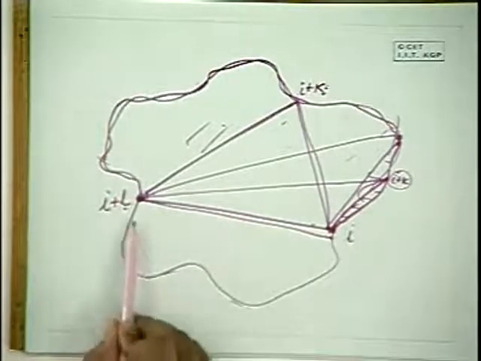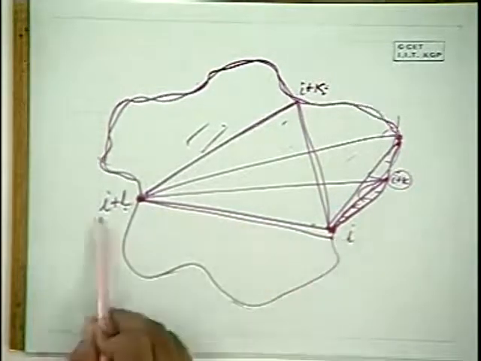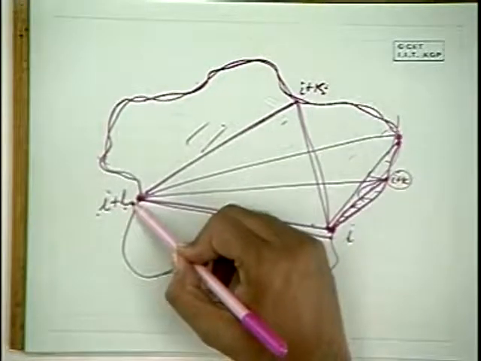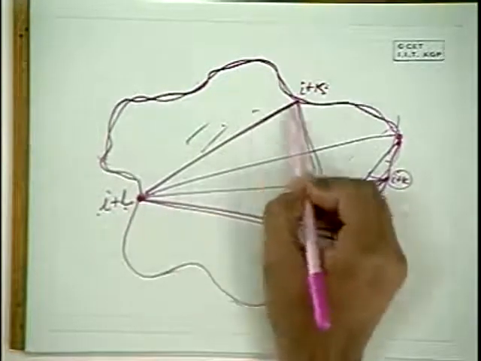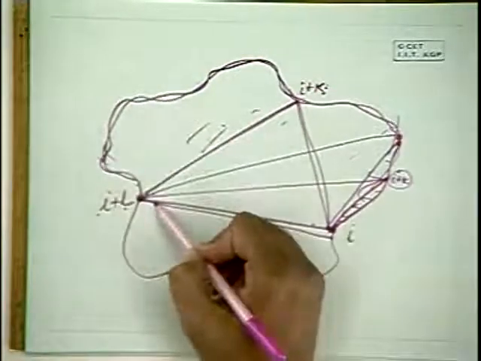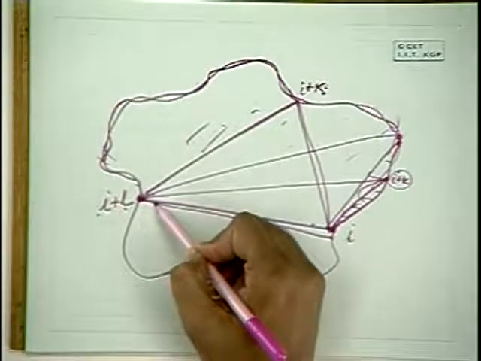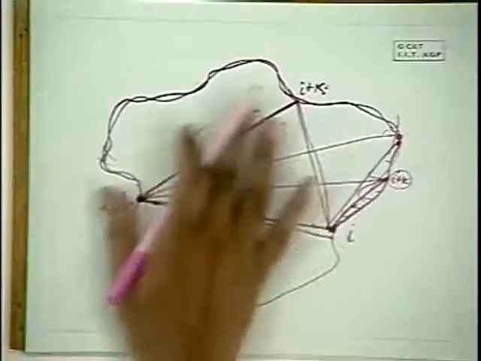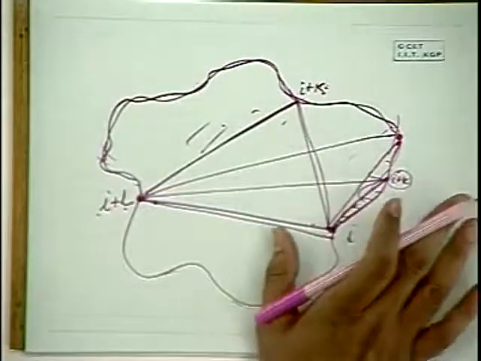What I am saying is, when you are considering I and I plus L, you must have already computed between I plus K and I plus L, because this is much smaller than this entire thing. So not only do you have to vary 3 variables, but you need to know how to vary them, in which order properly.